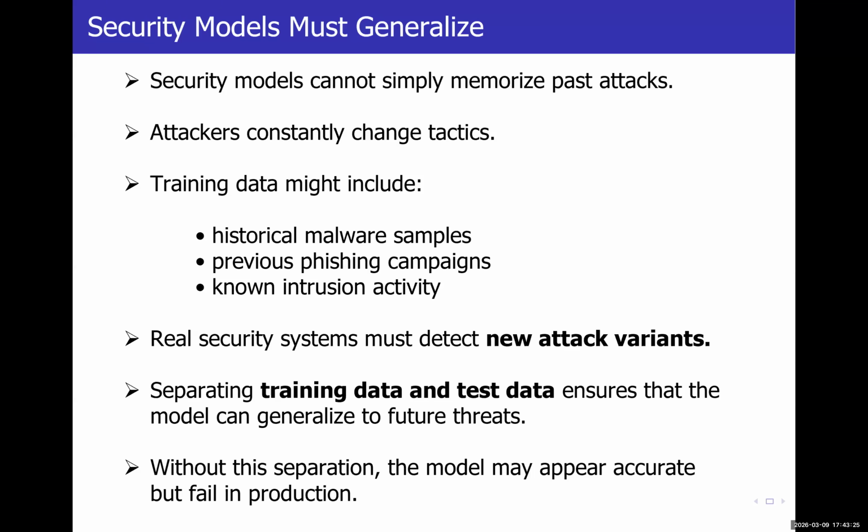So because of this, security models cannot simply memorize past attacks. Instead, they must learn patterns that generalize to new situations. And separating training data from test data helps us evaluate whether the model has learned useful patterns or simply memorized examples from the training data set.